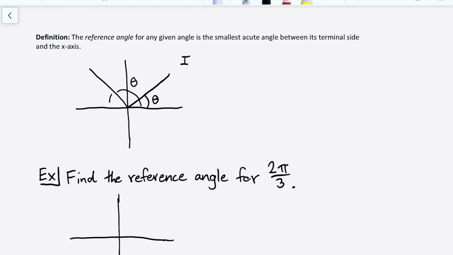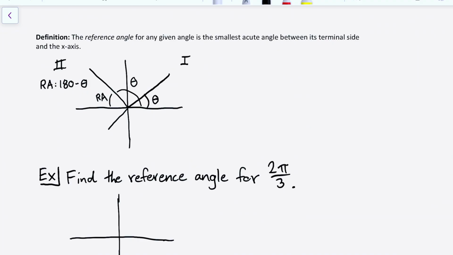The reference angle is this part. This is the reference angle, the smallest acute angle between that terminal side and the x-axis. And if I'm in quadrant 2, I can find the reference angle by taking 180 degrees and subtracting theta. Or if you're working with radians, pi radians minus theta.